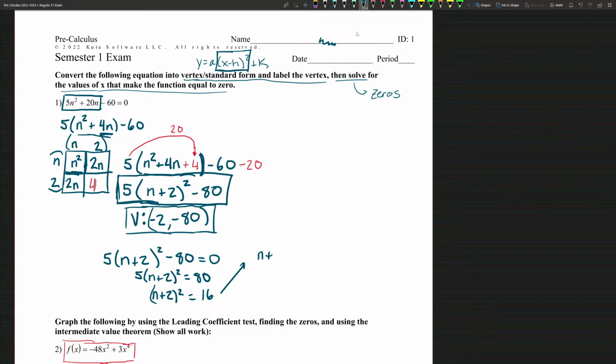So we have n plus 2 is equal to plus or minus 4. So then n is equal to negative 2, right? We subtract the 2 over, and then plus or minus 4. Okay, if we get here, we're good. Those are the two zeros. If you want to simplify, negative 2 plus 4 is 2. Negative 2 minus 4 is negative 6. So these are our zeros.